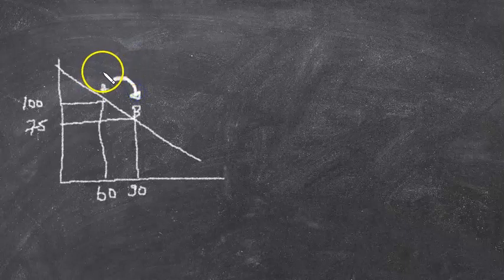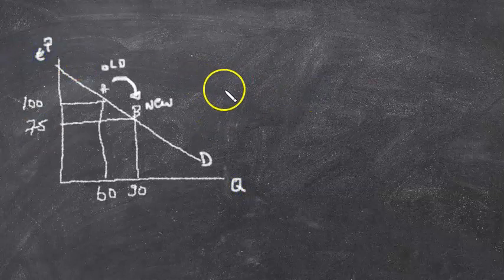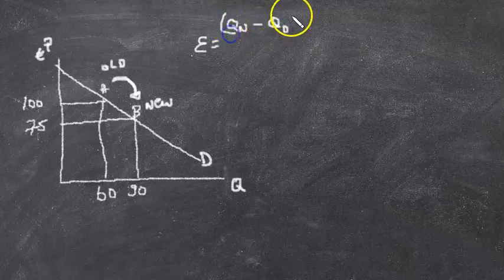This is our old value over here, and this is the new point on the demand curve. And here we have quantity, and euros or price up here. Okay, so let's calculate elasticity. So elasticity is simply calculated as the new quantity minus the old quantity, all divided by the old quantity.